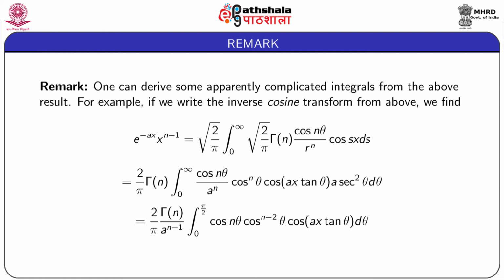Here we have substituted s as given by r sin theta and we have eliminated r. So that this gives 2 by pi gamma n by a to the power n minus 1 integral 0 to pi by 2 cos n theta cos to the power n minus 2 theta cos of (ax tan theta) d theta.